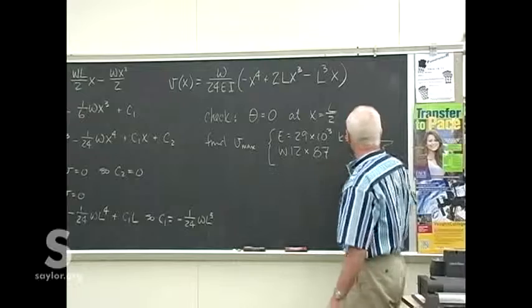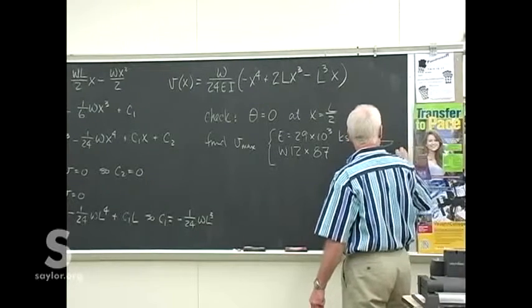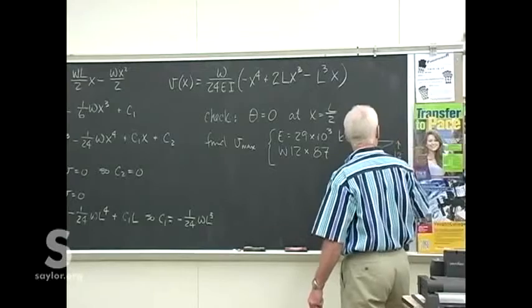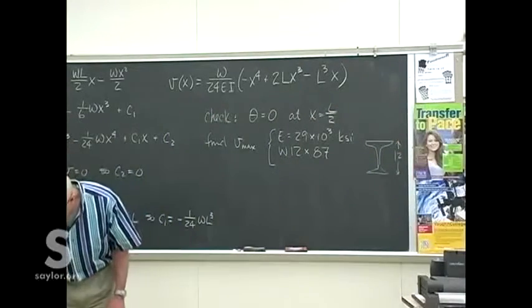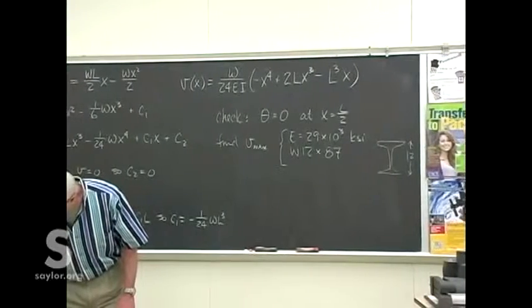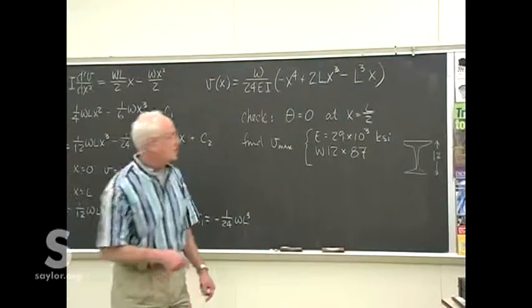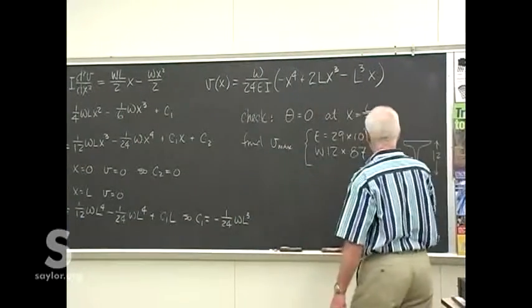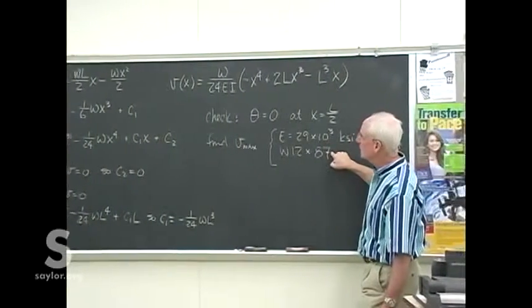The 12 is the approximate height of the beam in inches. And you get that because when you see the 12 on there, you go across and you see a whole group of those have a number of about 12 for what they call the depth D. And then the 87 is the linear weight per foot.